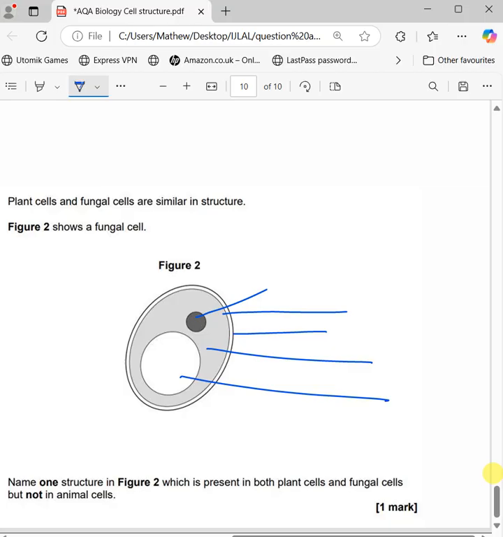So what will the question be? We are told to name one structure in figure 2 which is present in both plant cell and fungal cell. Nucleus, cell wall, cell membrane, vacuole, cytoplasm, any one. You just need to mention one.